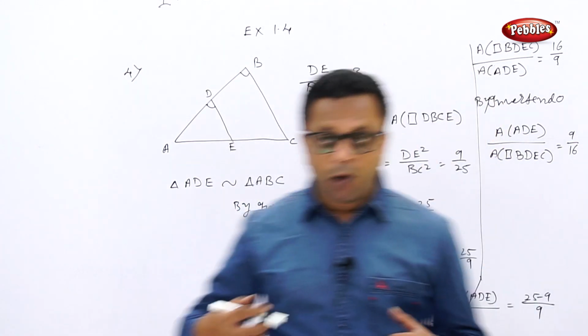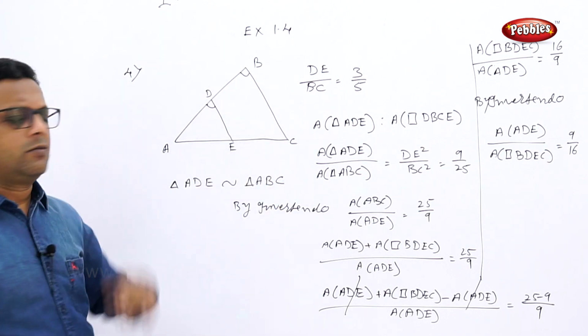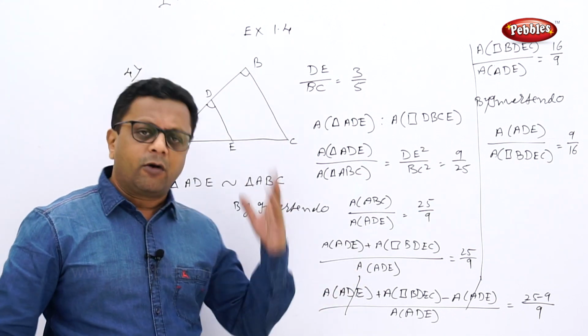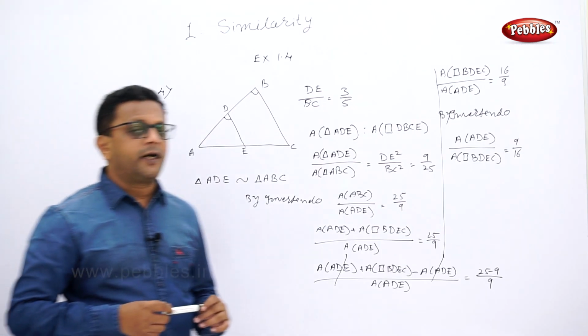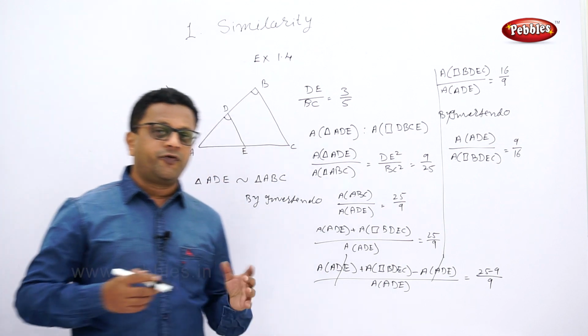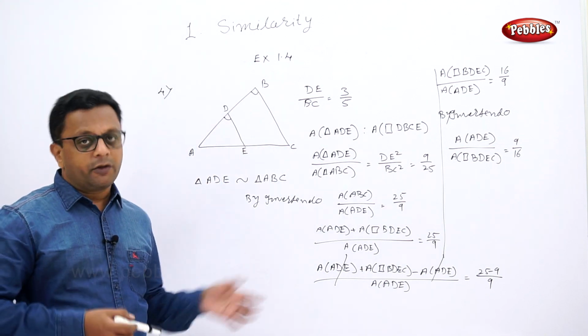But my question was, when I was in school, when should we use this invertendo and dividendo and all those things, and how? I never asked this question to my teachers because I feared that other students would laugh at me. But this was a genuine question.